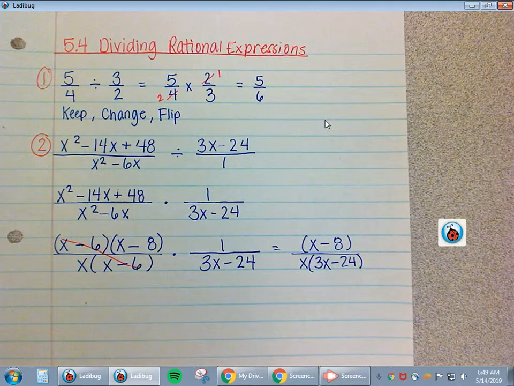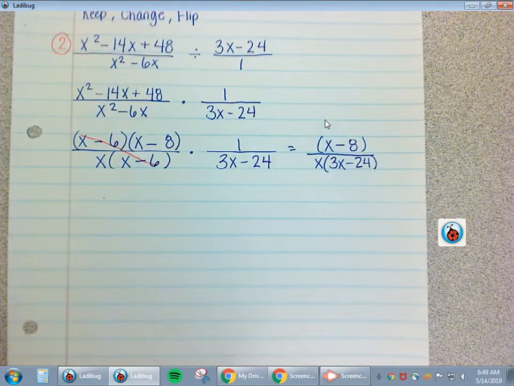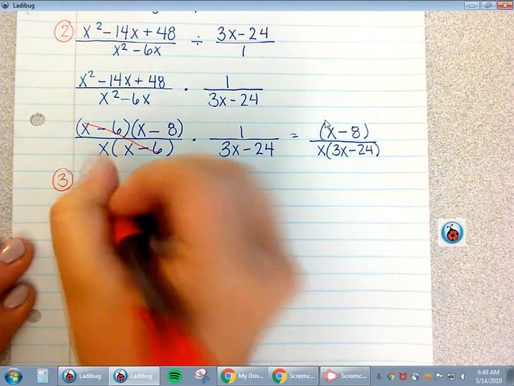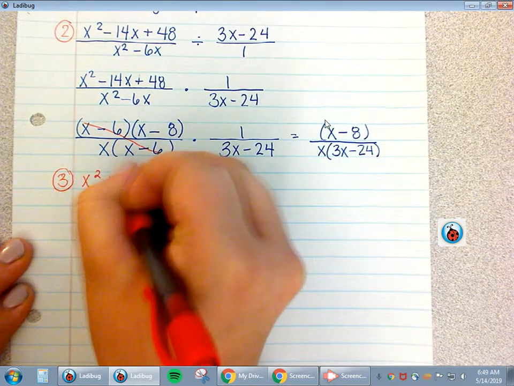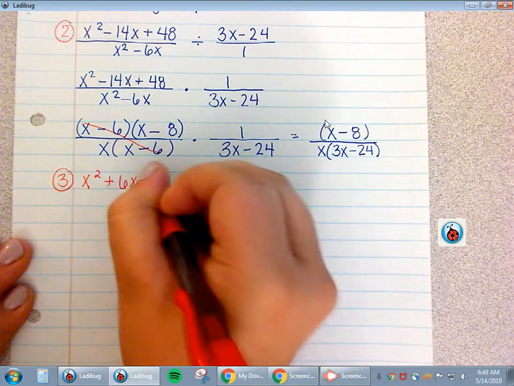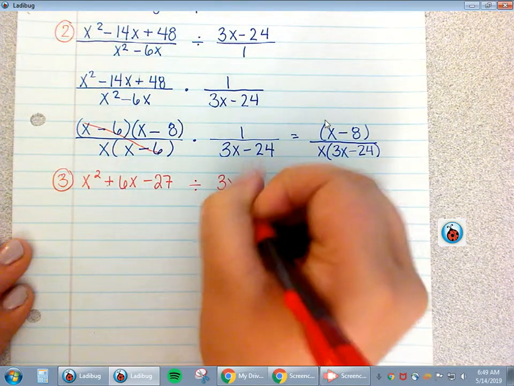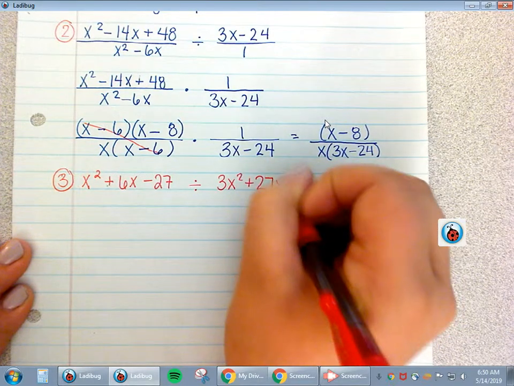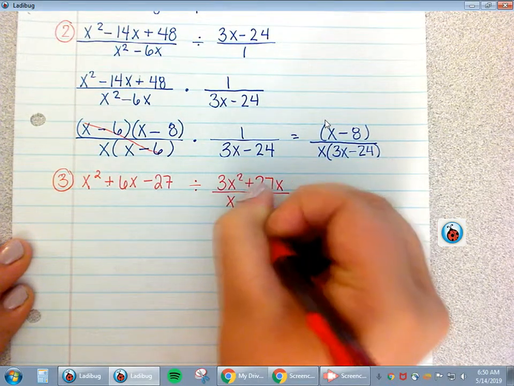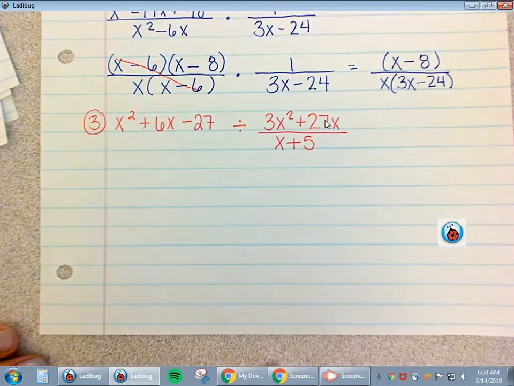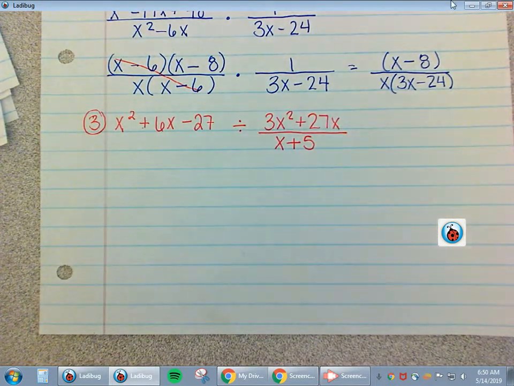All right, let's do another one then. All right, here's my original. So I've got x squared plus 6x minus 27 divided by 3x squared plus 27x all over x plus 5.